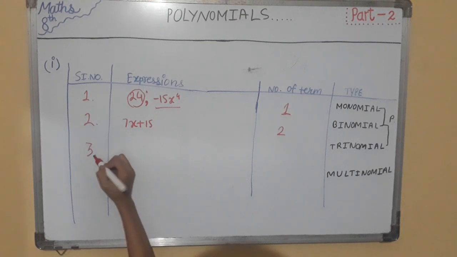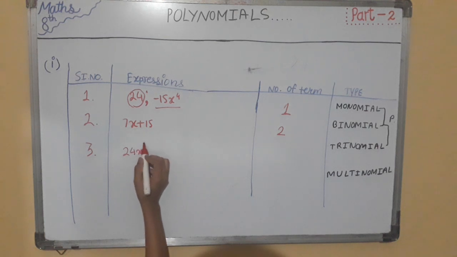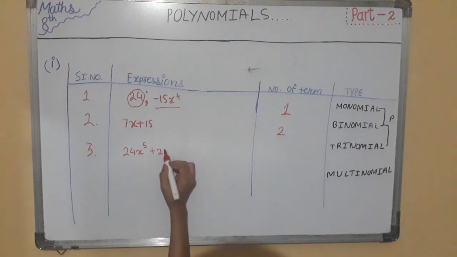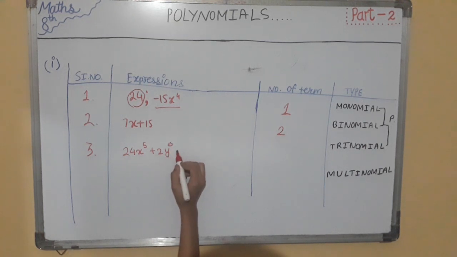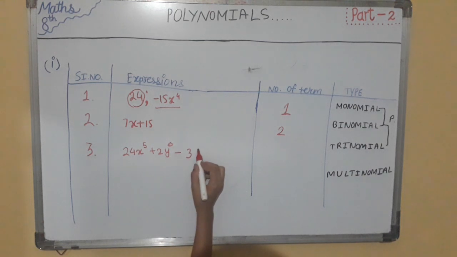Third is 24x raised to 5 plus 2y raised to 6 minus 3q raised to 5.